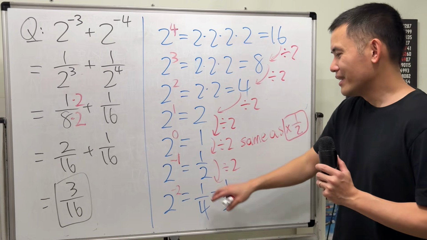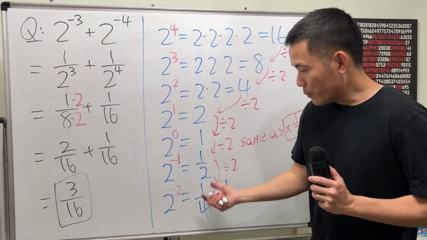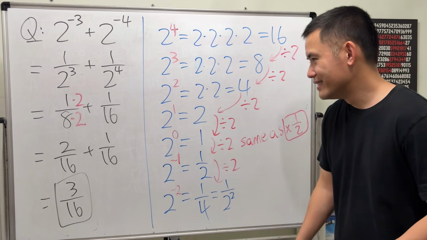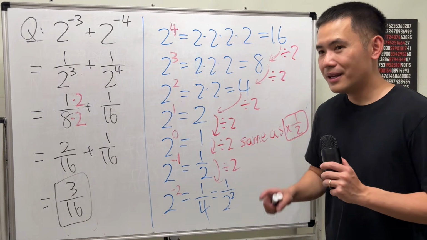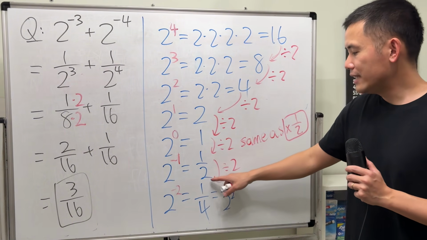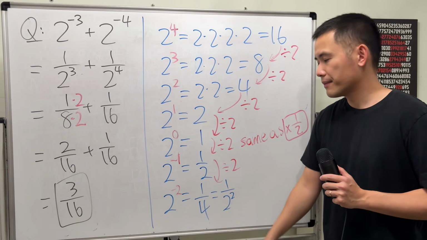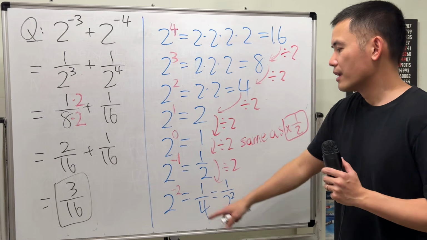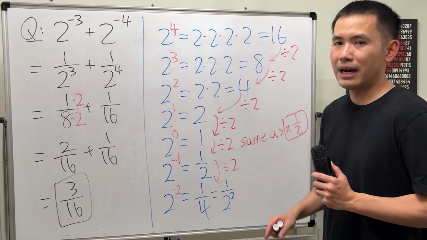Be careful though, because once we have negative exponents, we will actually be dividing, so the base is going to be in the denominator of the fraction. Notice when we have negative exponents, we actually have to bring the base down to the bottom.